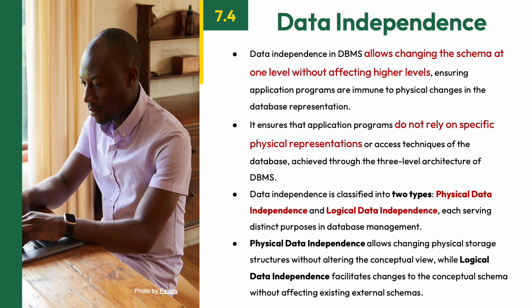So when we're talking about the physical level, it is how the data is actually stored. And when we're talking about the conceptual level, it is the logical structure of the database. And if we're talking about the external level, it is how the individual users see the data.